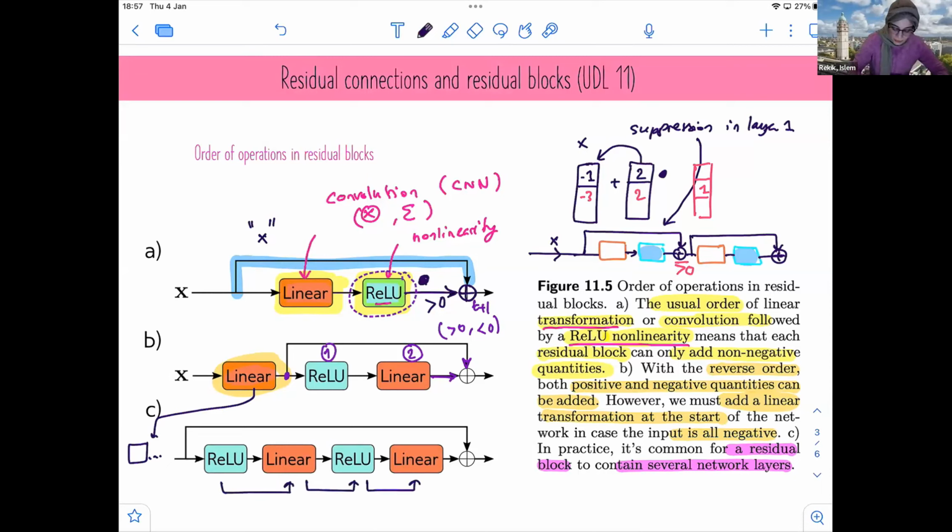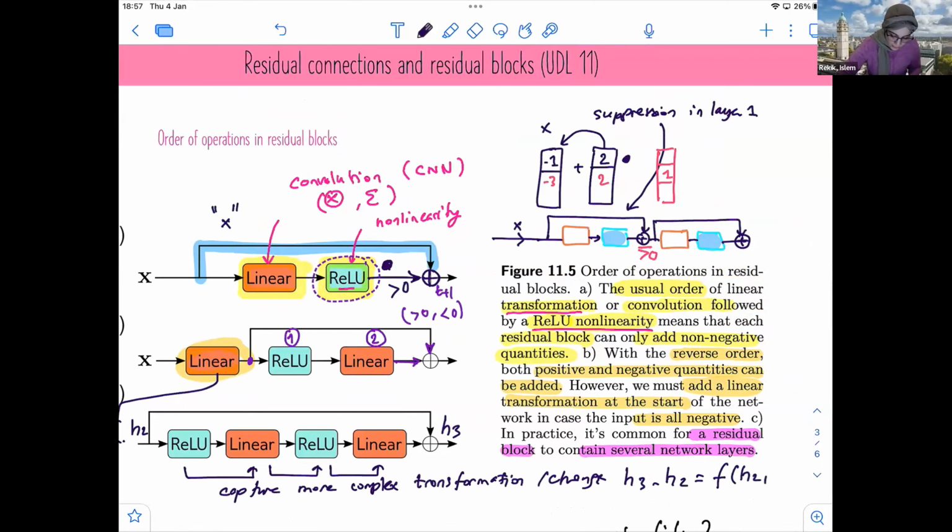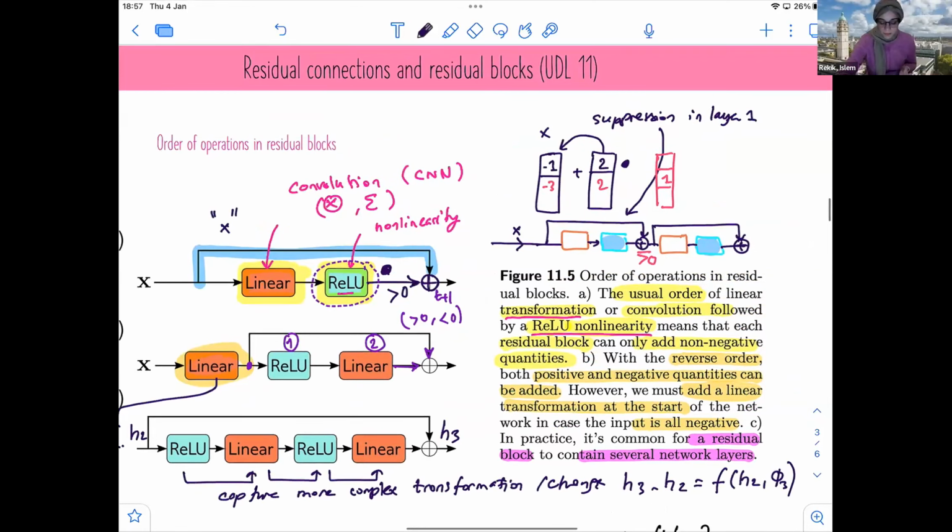Usually this will allow you to capture a more complex transformation, or more complex change between, remember guys, the H. If this is H3 and the input is H2, then H3 minus H2 is F that takes H2, with phi3 the layers. This is what we have seen in the previous lecture. This delta, this change here, may be very complex.